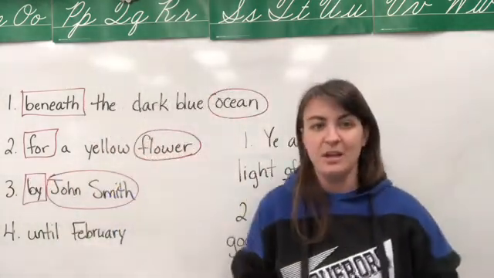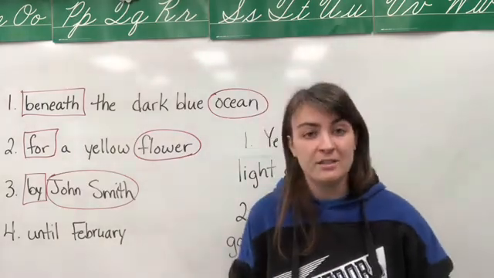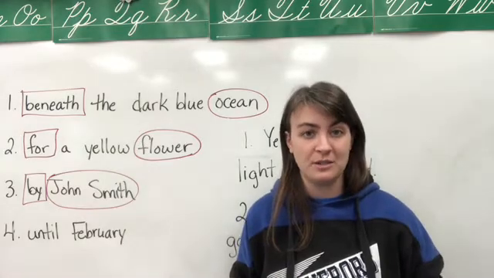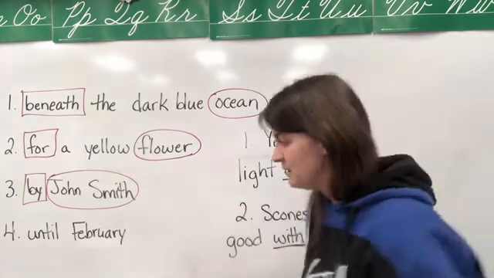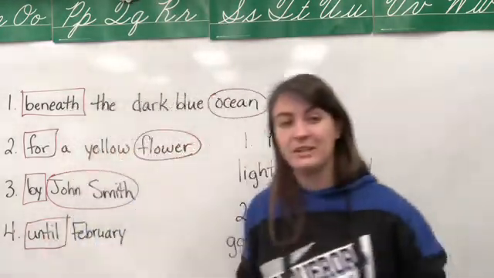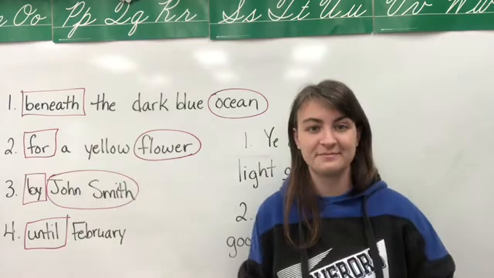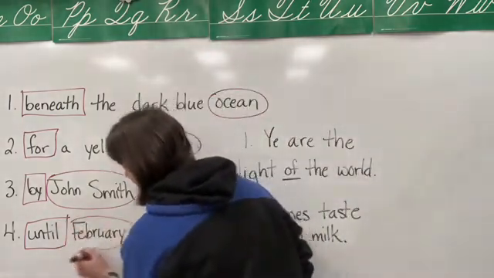All right, we've got one more phrase to go. Until February. What is the preposition that we want to put a box around here? That's right, the word until. And what are we going to circle? That's right, February.